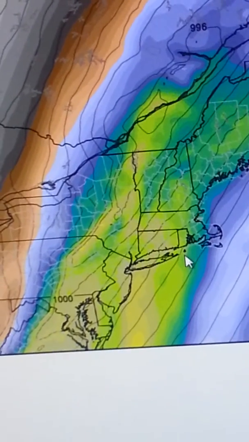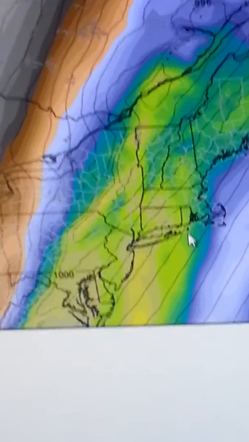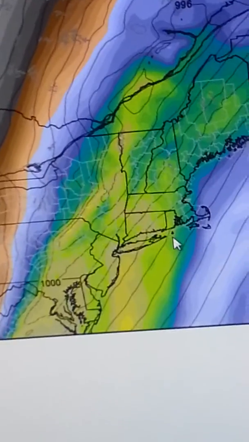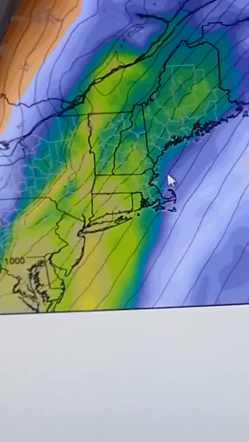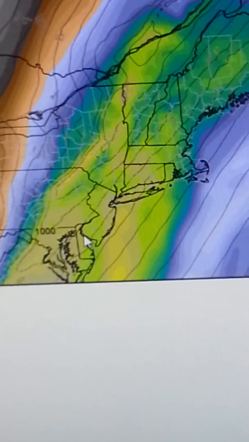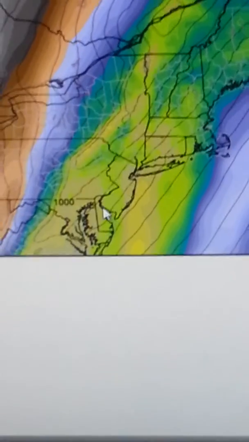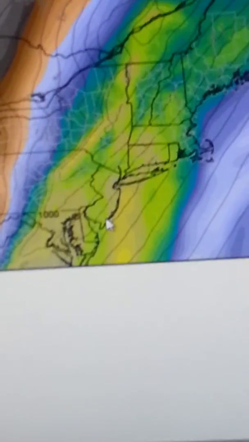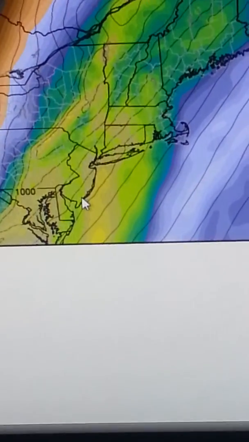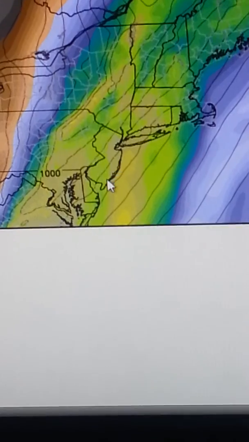I don't really think there's a flash flood threat unless you get a really heavy thunderstorm, but that'll be something to watch. Again, mainly across southern areas, the further south you go, the heavier rain and more chance of thunderstorms you're going to get. So heavy rain is definitely the main threat with this system by Tuesday afternoon into Tuesday evening, and maybe even into the overnight hours on Tuesday.